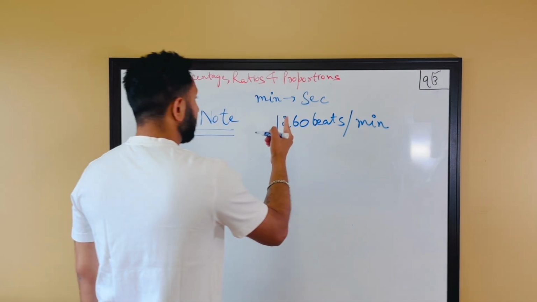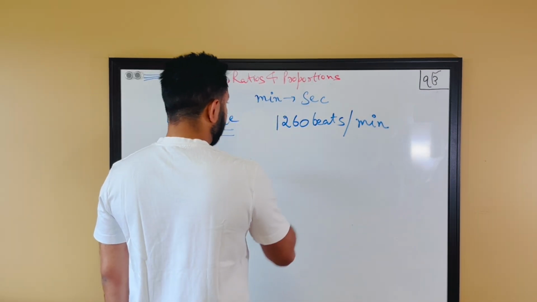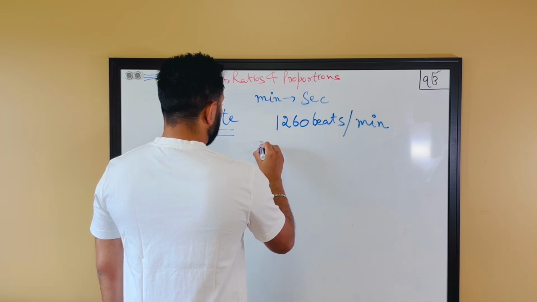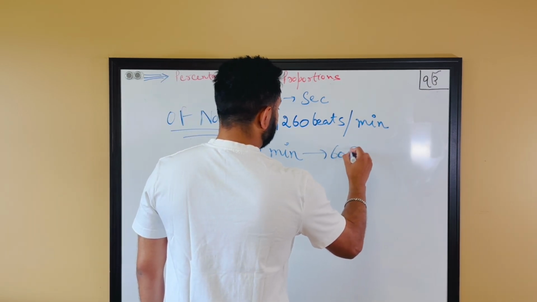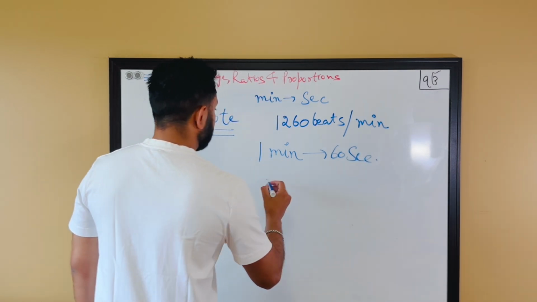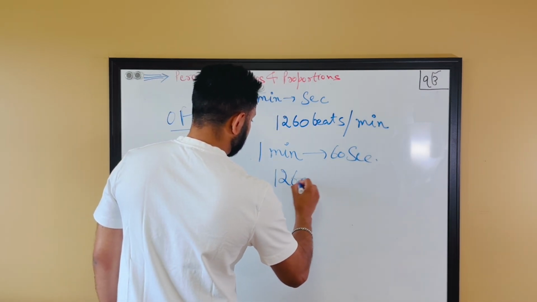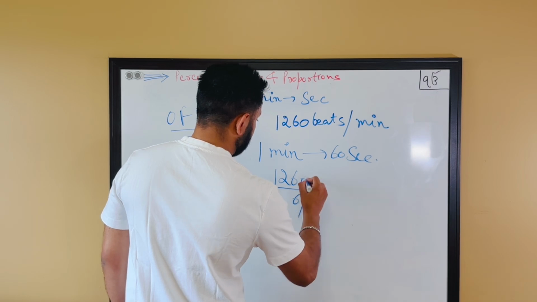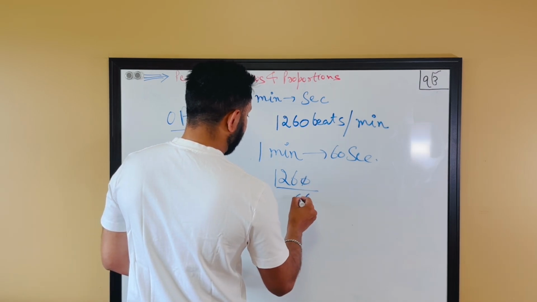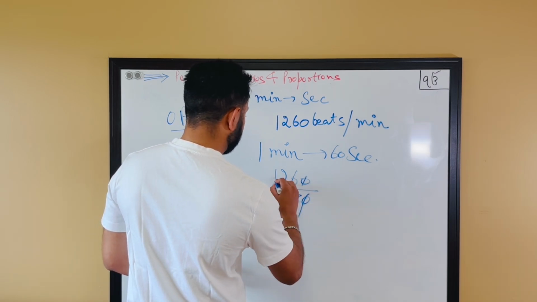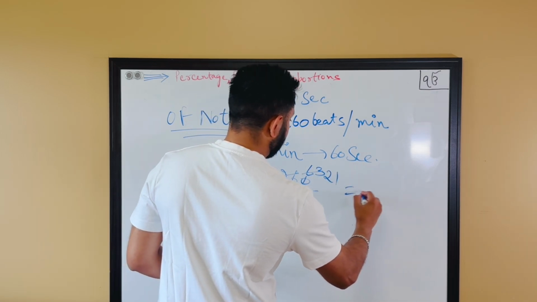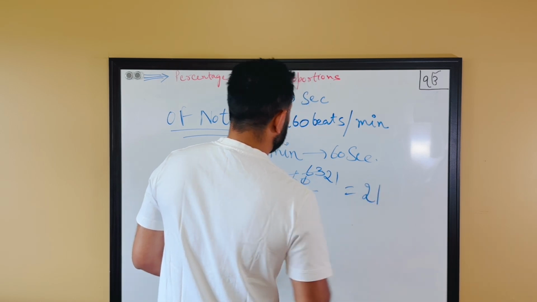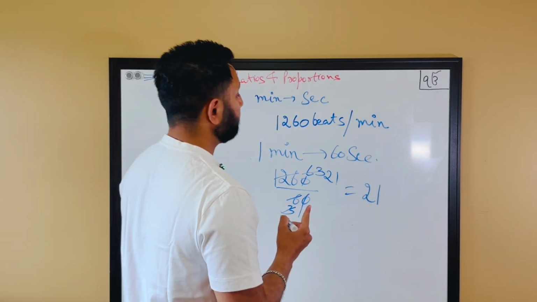And if we need to convert it to seconds, how are we gonna find out? There are 60 seconds in 1 minute, and if we simplify this, 21. So that means 21 beats per second.